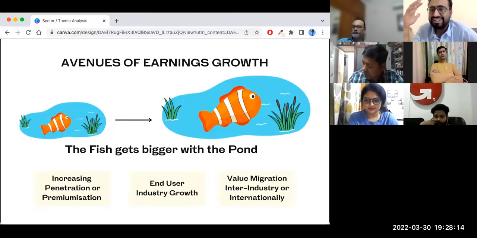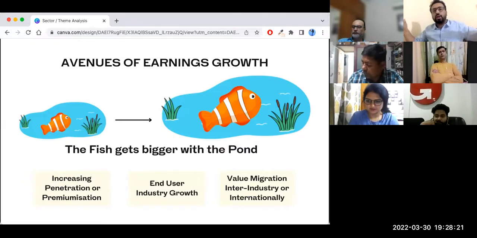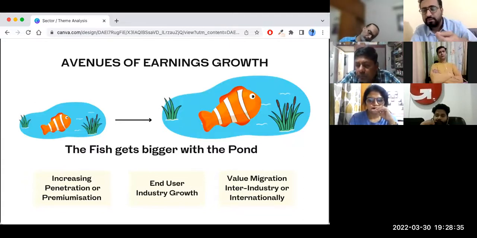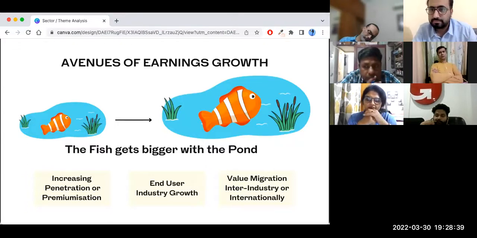No. Sensodyne got launched because Sensodyne is a premium product. So if all the users are already having toothpaste, how do you grow revenue? By selling a more expensive product to the same user base. Right? So your units sold might not be increasing, but your revenue will start going up.